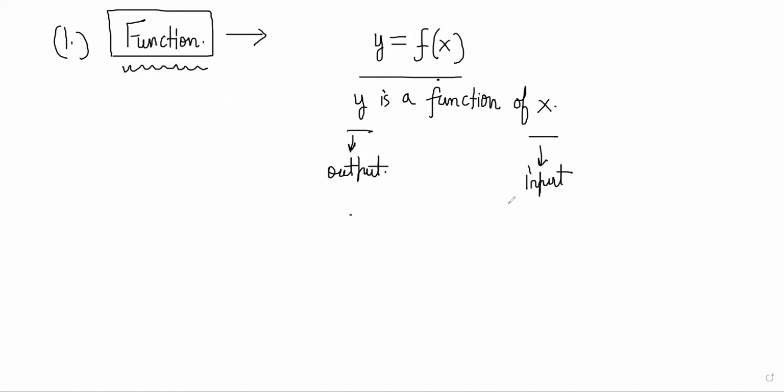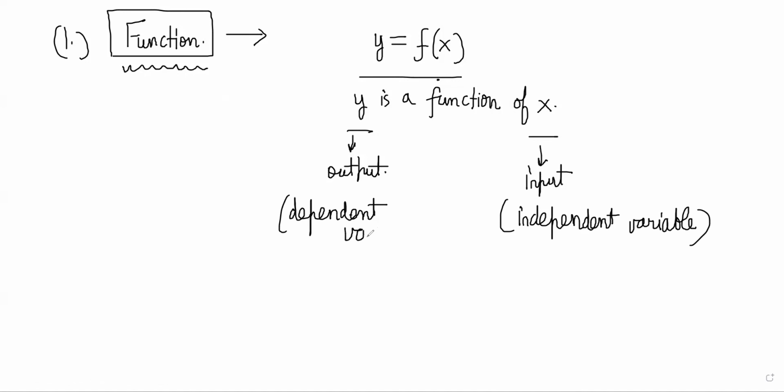We can also call x the independent variable, and we can call y the dependent variable. Why is y a dependent variable? Because the value of y depends on the value of x, right? But x is independent because we can choose whatever input we want to give to the function, right?